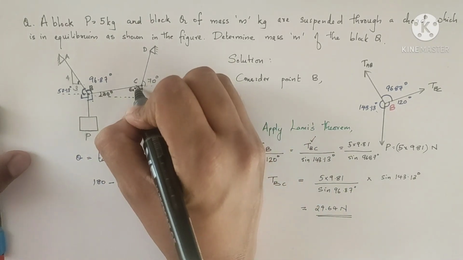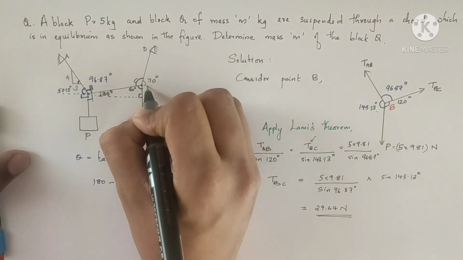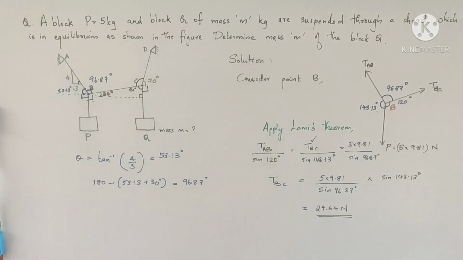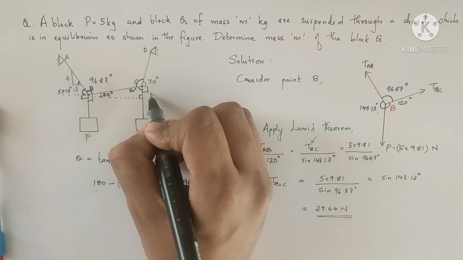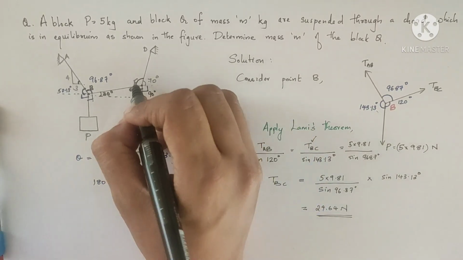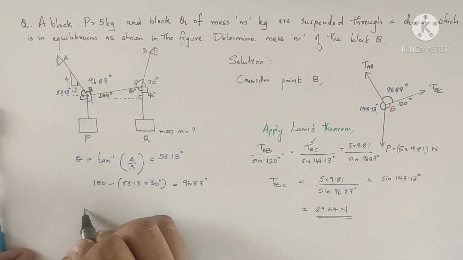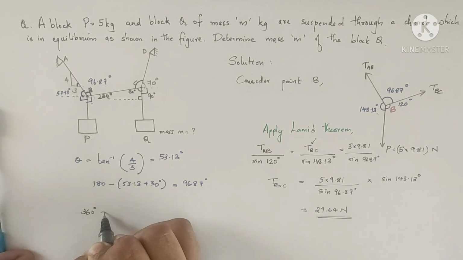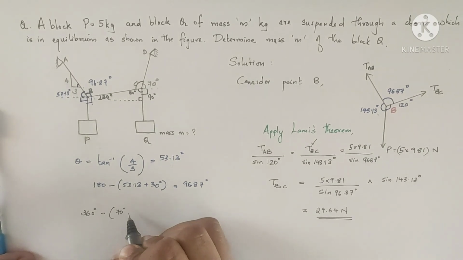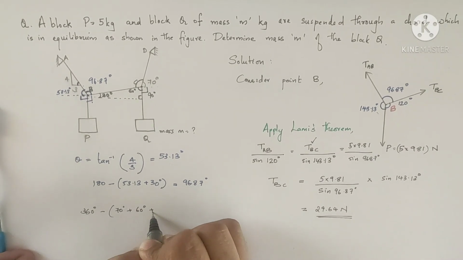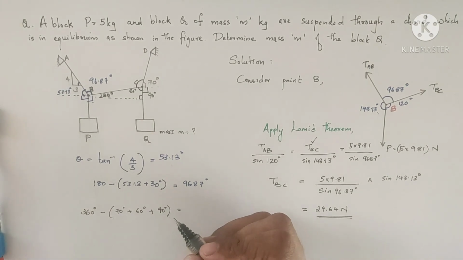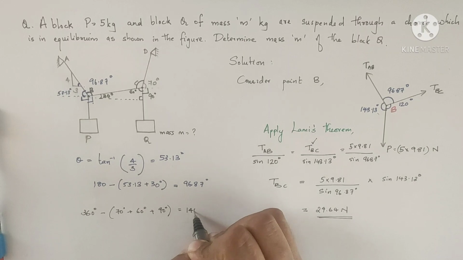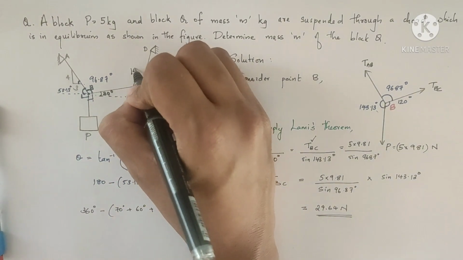Now also we can calculate this angle because this is already 90 degree. Weight is acting vertically downwards. So with the horizontal, the angle of weight will be 90 degree. Now calculate this angle: 360 degree minus 70 degree plus 60 degree plus 90 degree. What will we get? What is the angle? 140 degree. So this is 140 degree.